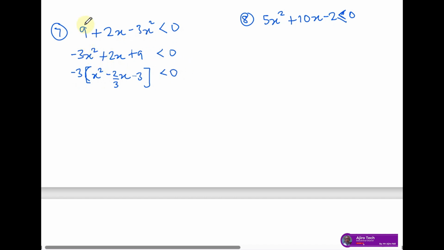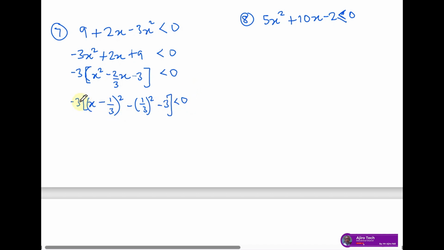Now, I can look at minus 3 into open the square, x minus half of 2 over 3. If I can divide the numerator by 2, divide. So this is 1 over 3. Minus 1 over 3 squared, minus 1 over 3 squared again outside, then minus 3 less than 0.